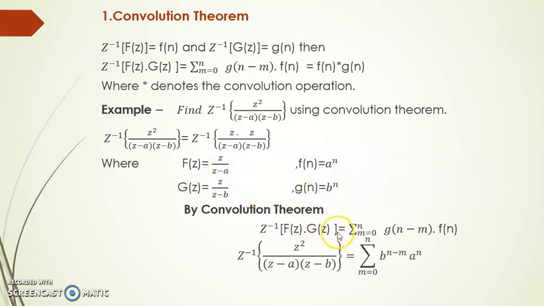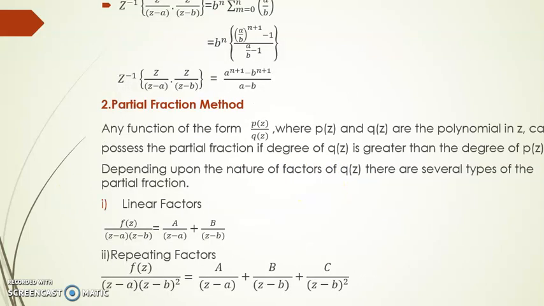Again apply the convolution theorem, putting in all these values of f(z) and g(z). If f(n) is a power n, then for g(n minus m) replace n by n minus m, so we get b to the power n minus m. So we have Z inverse of z upon z minus a, z upon z minus b equal to b power n summation m equal to 0 to n of (a upon b) to the power m.